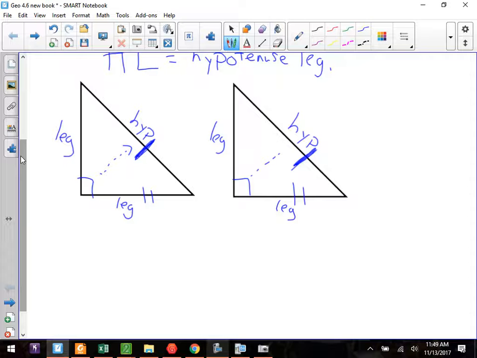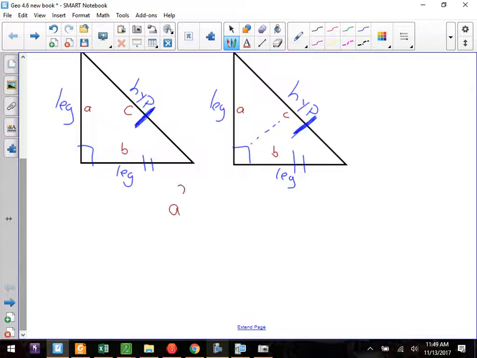So if you have side lengths and a hypotenuse, the Pythagorean theorem always holds true. If the Pythagorean theorem didn't work, then it wasn't a right triangle. It's plain and simple how that goes.